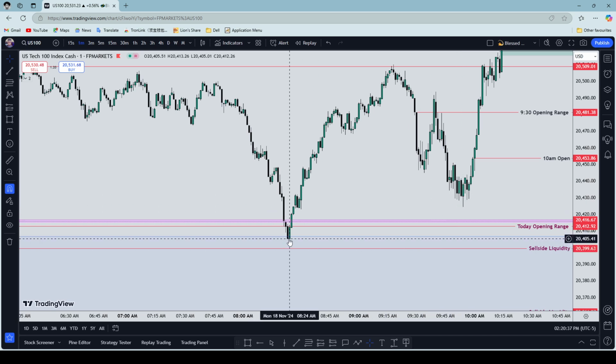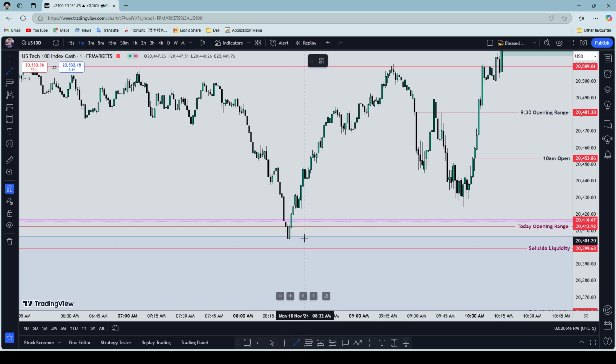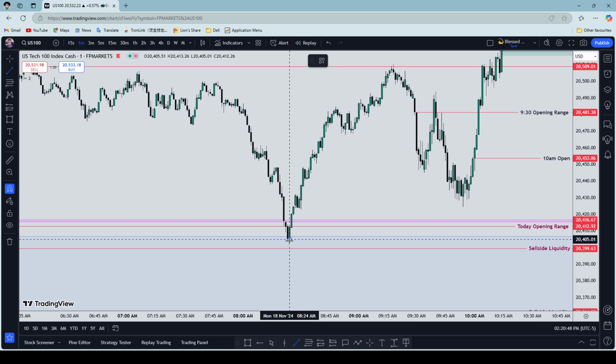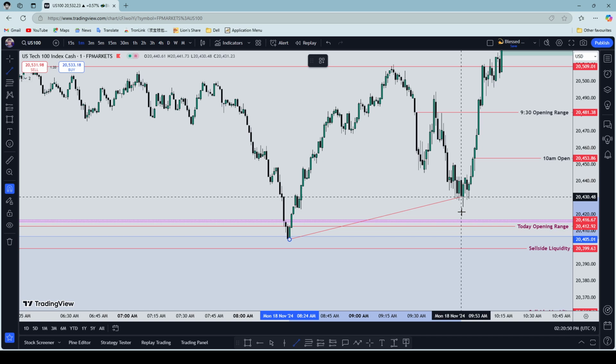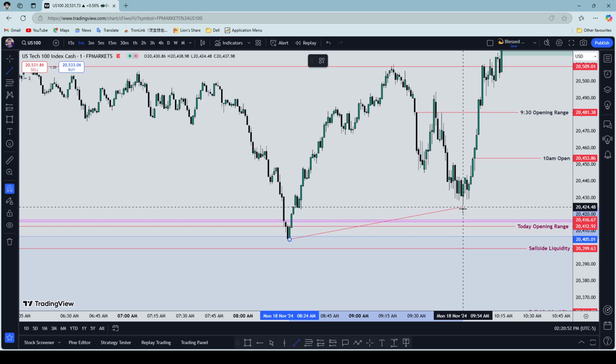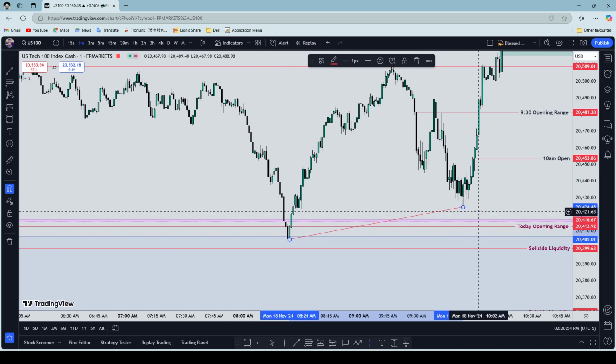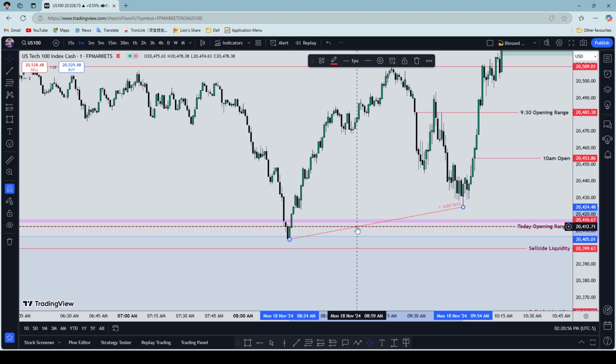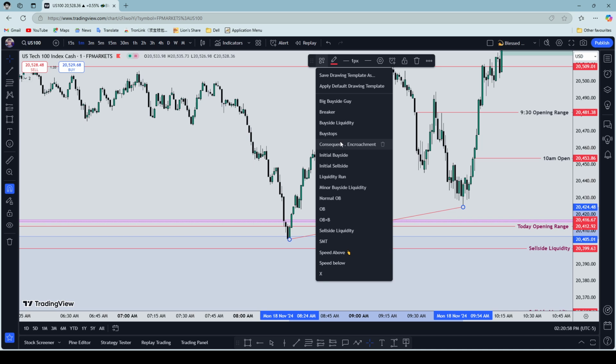This one here, there's not really much of a wick, but you can still see the idea. One, two, and three. This is also a swing low. They are actually a little bit close to each other right here, like this. So you can call this a relative equal low.